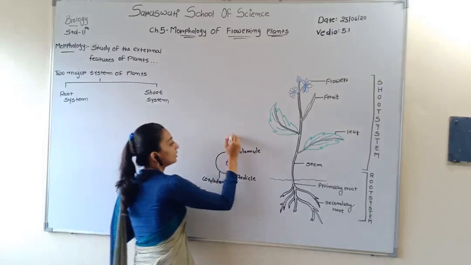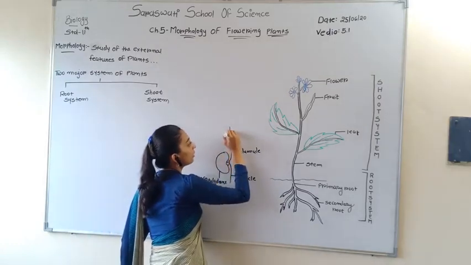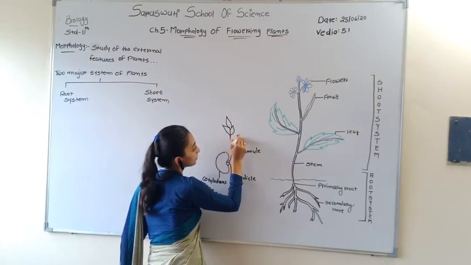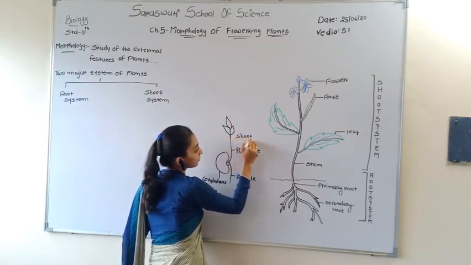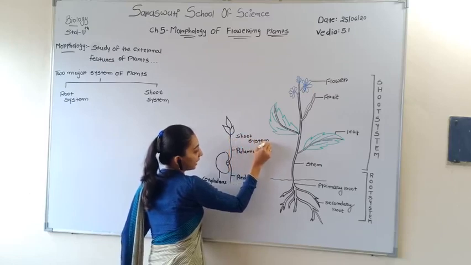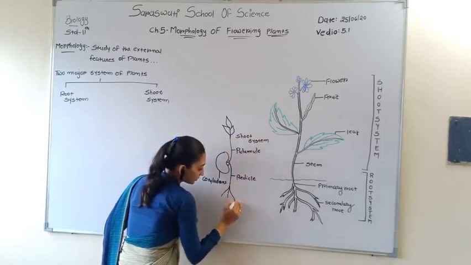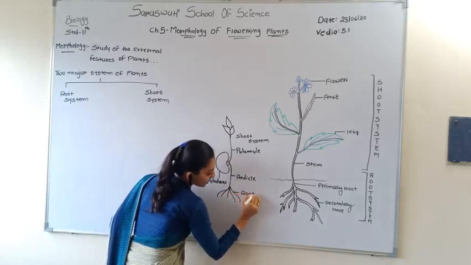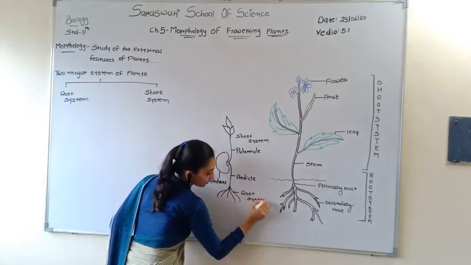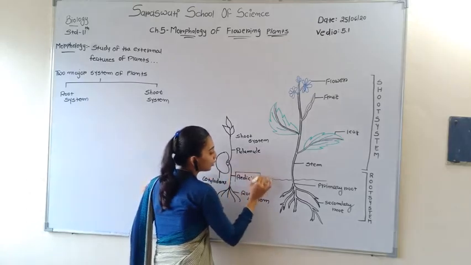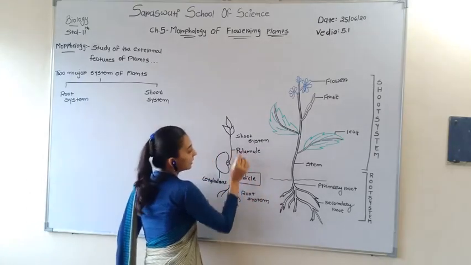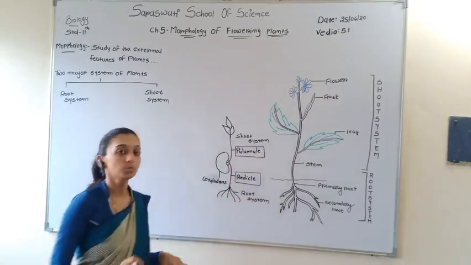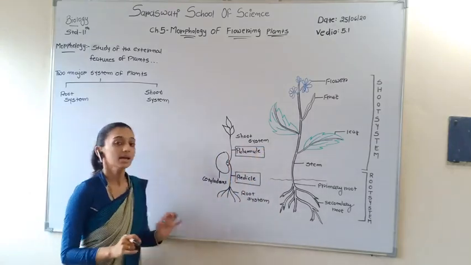From the plumule the shoot system develops, and the radicle forms the root system. The upper portion is the plumule and the lower is the radicle.